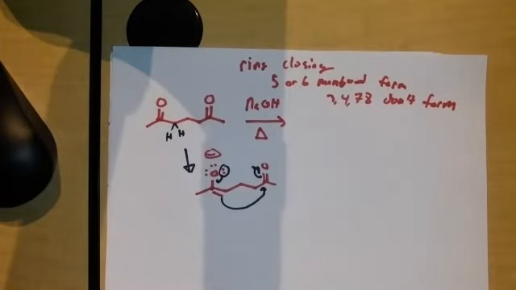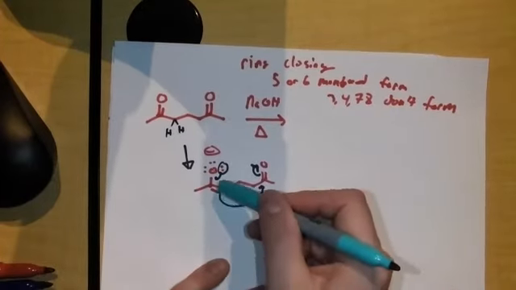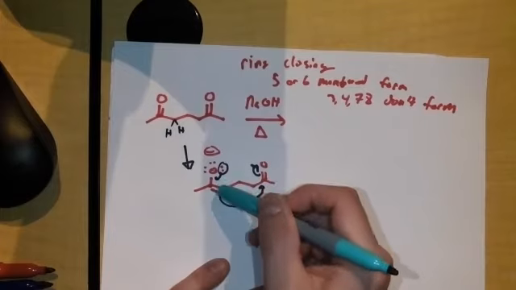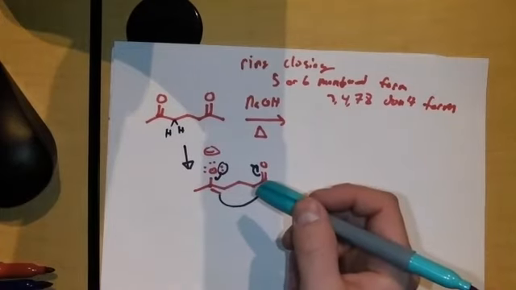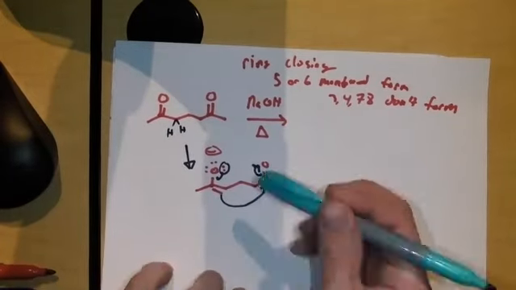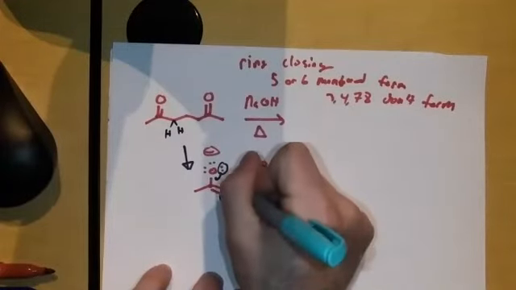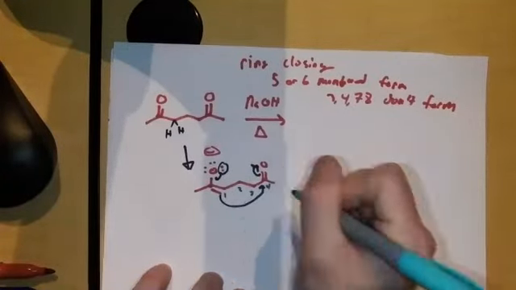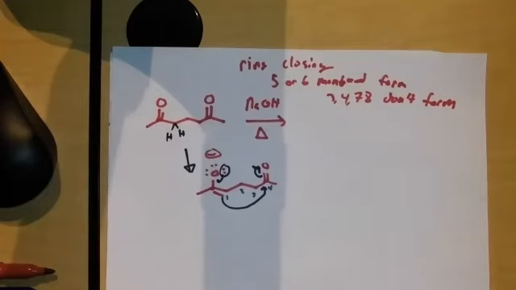Whenever you're making a ring like this, your ring size is going to be the number of positions between this end position of your enolate here and your carbonyl. So this would be 1, 2, 3, 4 carbons between them. So it's going to make a 4-membered ring here.